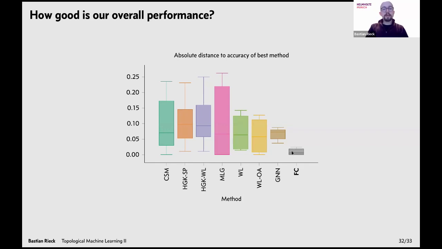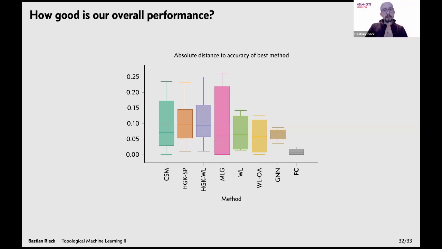It's not the best method, right? So it has a non-zero standard deviation, of course, but it's consistently performing overall. Whereas other methods have a much, much larger spread. They are very good in some tasks, but very bad at others.